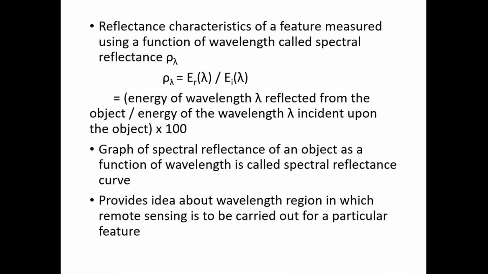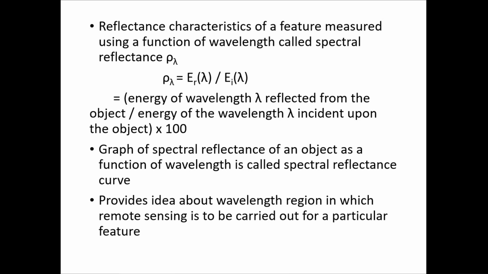That is called the spectral reflectance, right? Out of the incident energy, how much of the energy is reflected? That is a very simple definition, right? Spectral reflectance rho is equal to the ratio between the energy reflected out of the total incident energy.